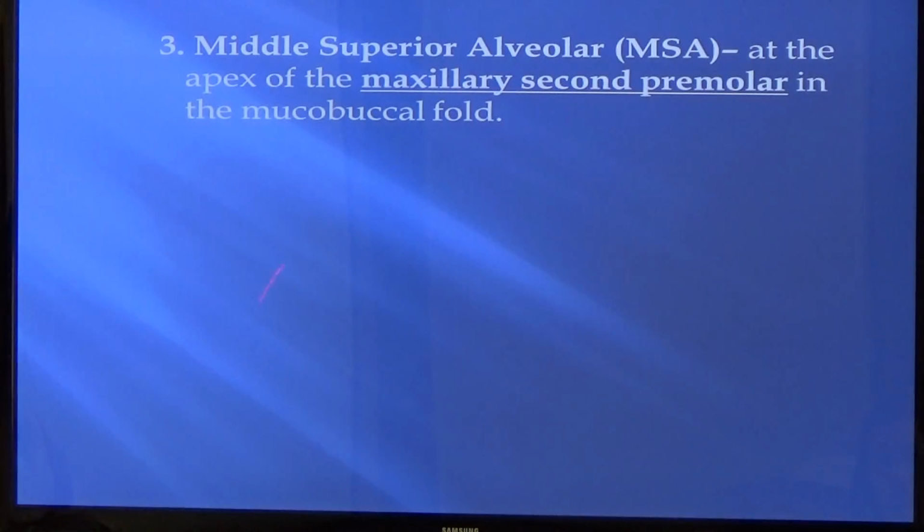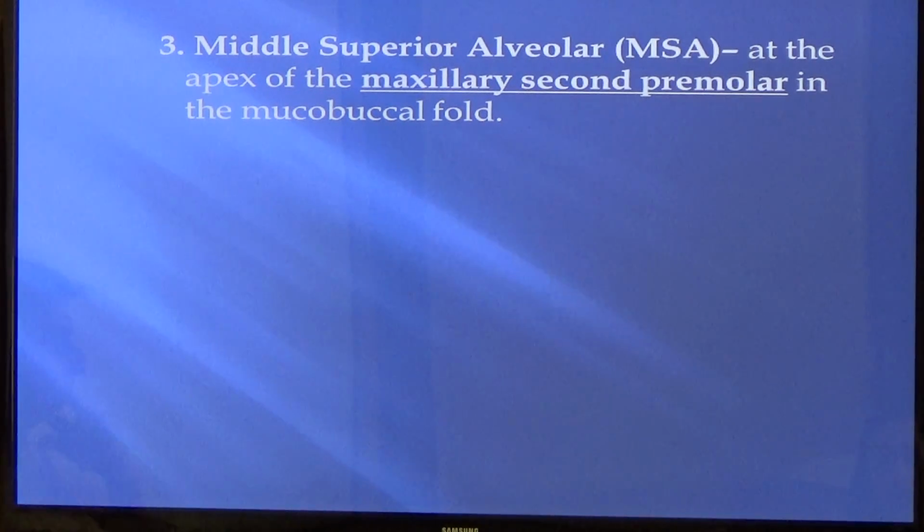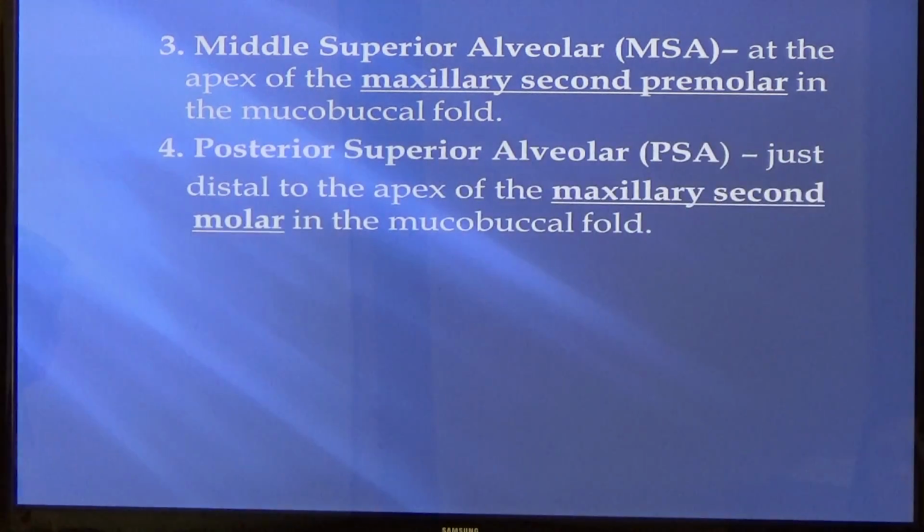And there's an MSA, that's the maxillary second premolar in the mucobuccal fold, a little bit further back. And then you have a PSA, which is back around the second molar. So you start canine, second premolar, and the second molar. Those are your 3 blocks for your upper.